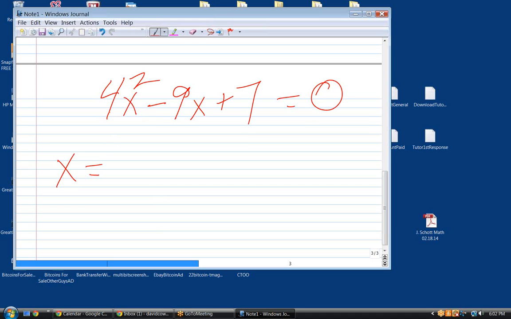In other words, if you're going to use your technique, you want to be able to do it correctly and quickly, because speed is going to be a bit of a factor. Okay, so this would be 9, minus, negative 9 squared.